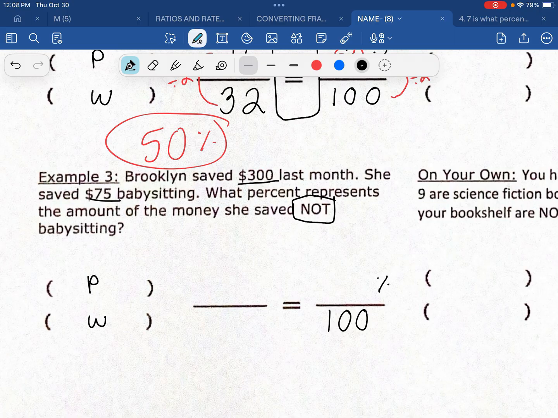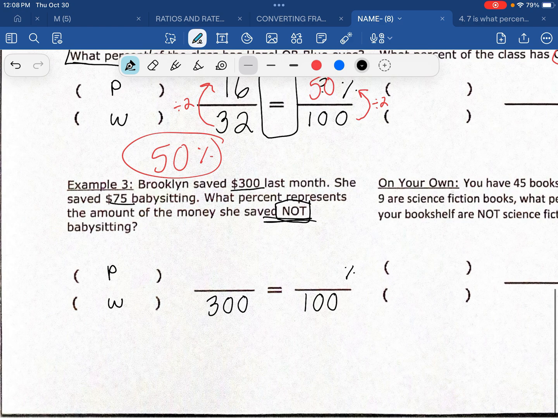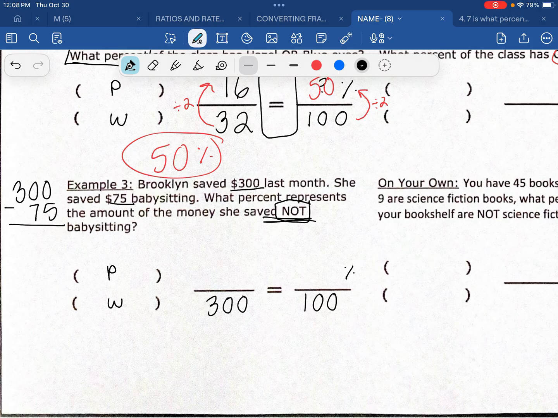I know in all she saved $300. I know she saved $75 babysitting, but they want to know how much money she saved not babysitting. Well, if I know she saved $300 in all, I'm going to subtract 75.